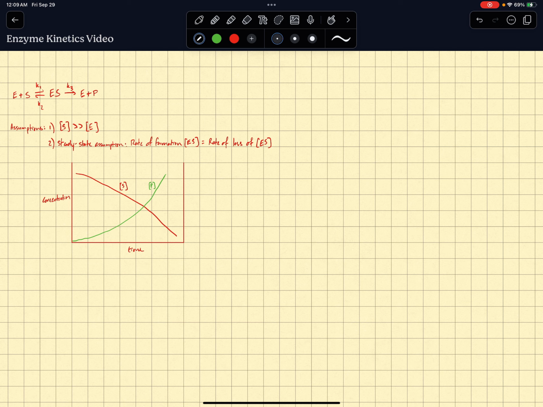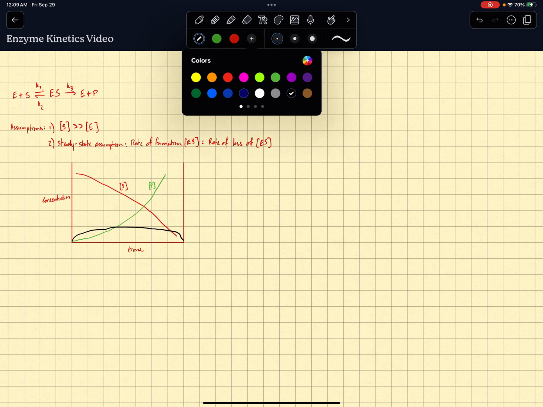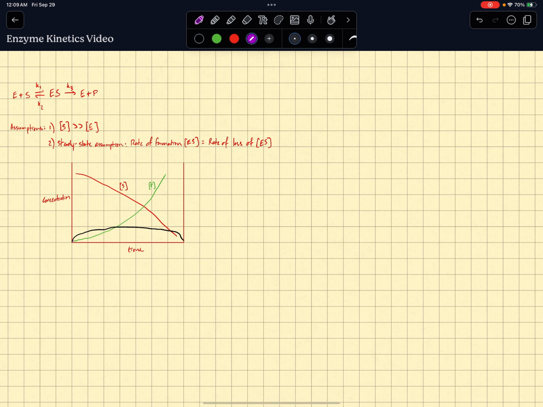While the product concentration goes up, you've got two things happening, one with your enzyme substrate complex and one with your free enzyme. And so what happens there is it almost looks like a hyperbolic curve kind of thing. So two things happen here, where your enzyme substrate complex and your enzyme, there's a period of time where these rates of change are going to be exactly the same.